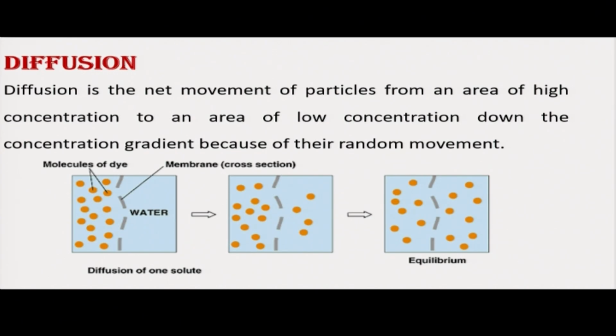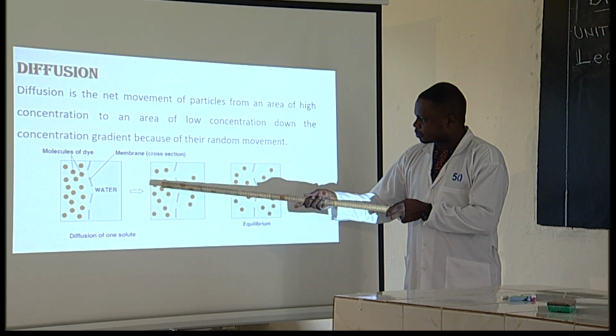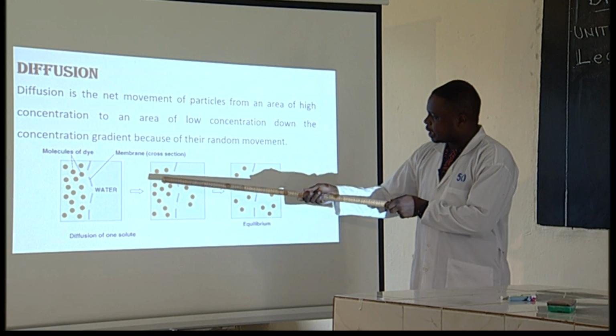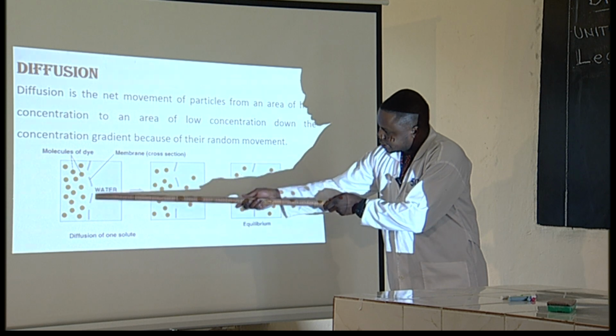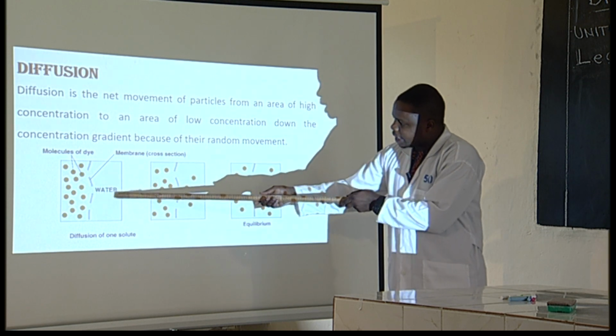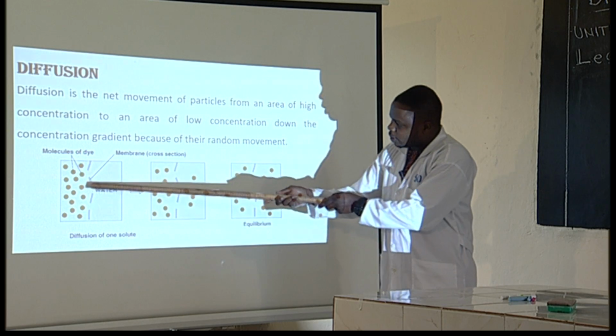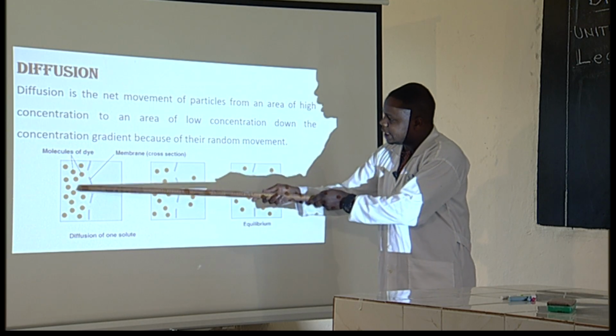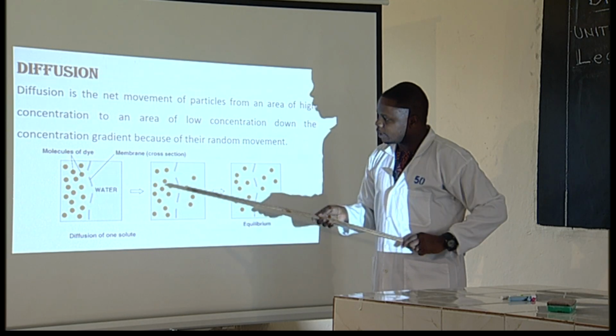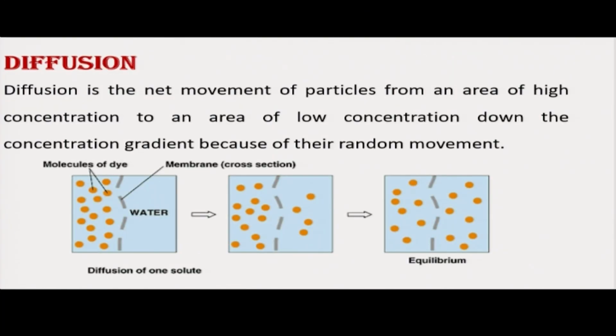Let us take an example here. We have the diagram. This diagram has the cell membrane. Then you can see here we have water, and here we have molecules which are many. Now, as you see these molecules, they are concentrated in one part, and in the other part, there are no molecules.